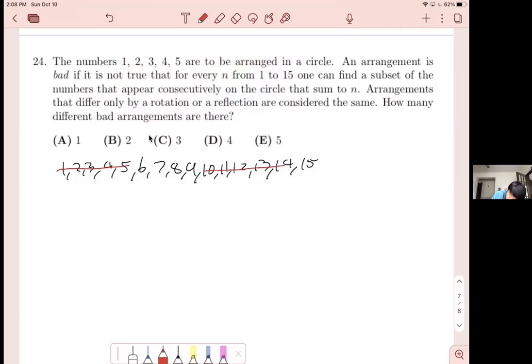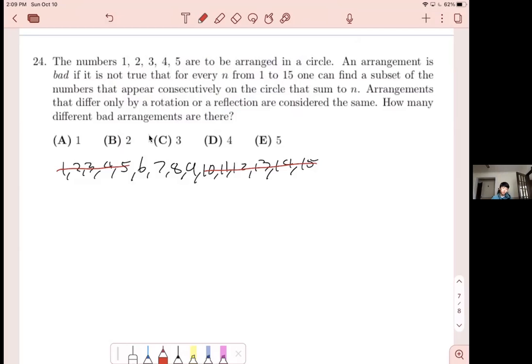For example, 1 through 5 and 10 through 15 will always be there. Why am I guaranteed that 3 is the sum of a subset of the numbers that appear? You can just take 3. Same with 4, same with 5. Just by taking 1, 2, 3, 4, 5 on their own, which is something you're guaranteed to be able to do.